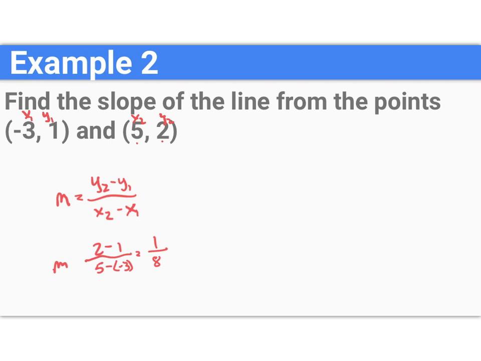So let's do the points in reverse. So your m is 1 minus 2 over negative 3 minus 5. You get negative 1 over negative 8, which gives you 1/8. So it does not matter which point you pick as x1 and y1 or x2 and y2.